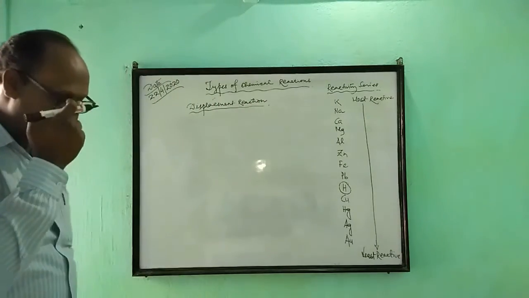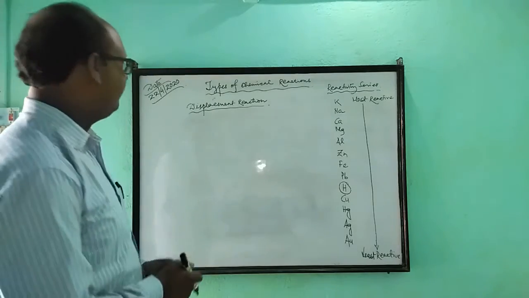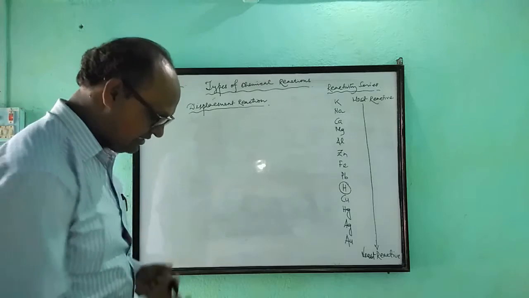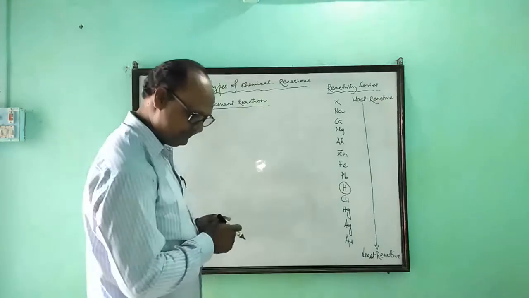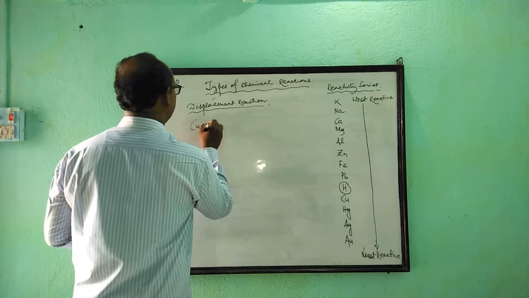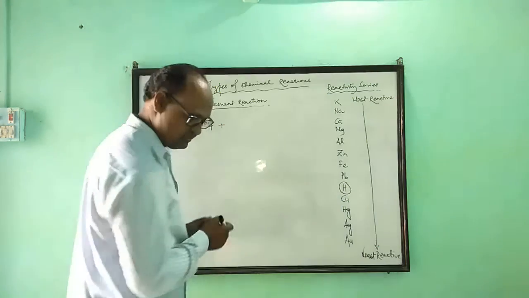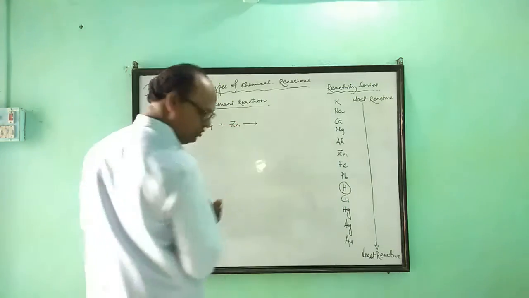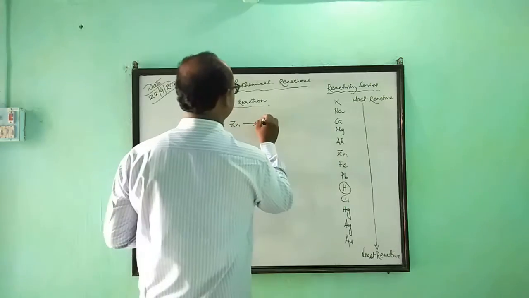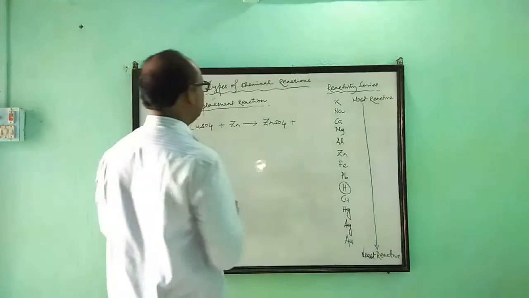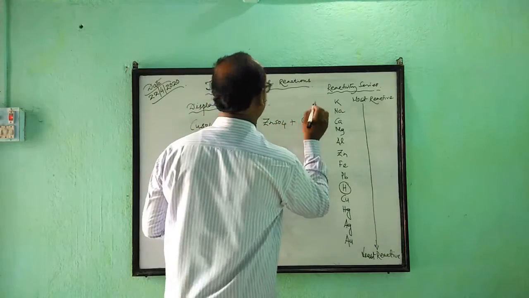Displacement reaction. By an example, you can understand it very easily. Like CuSO4, copper sulfate, plus zinc produce ZnSO4 plus Cu.